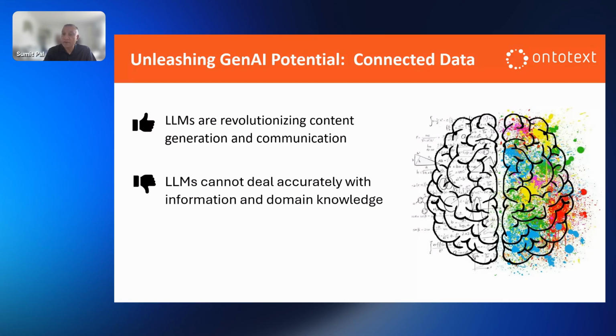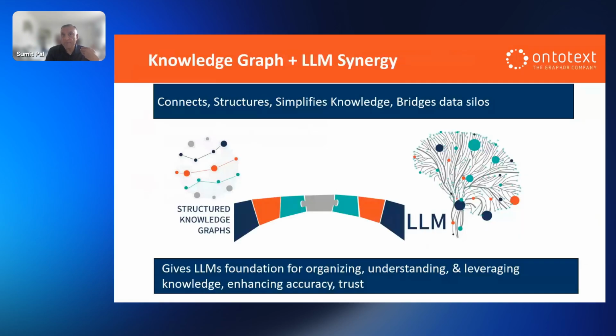This is where knowledge graphs come in and help unlock the true potential of LLMs, bringing factual accuracy and meaning, because knowledge graphs are built with contextual and semantic data. This is another way of showing how knowledge graphs and LLMs, lying on two different sides, can be bridged together, with the pros and cons of each of them.